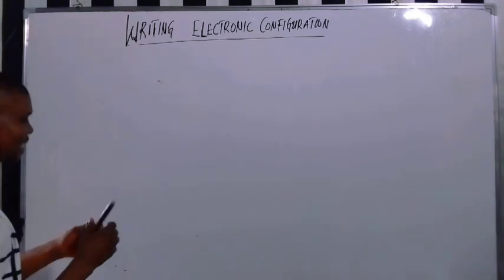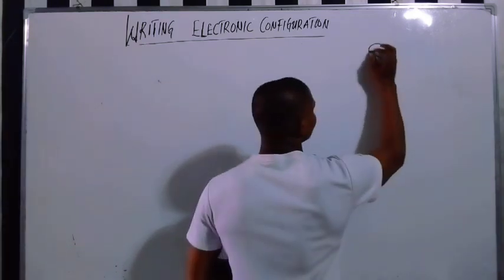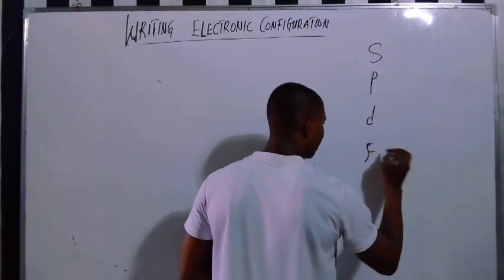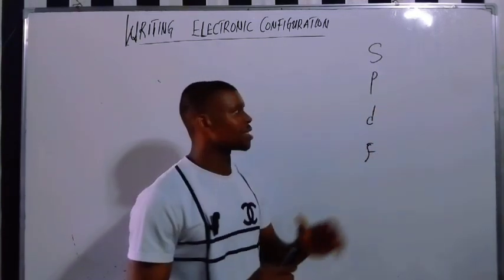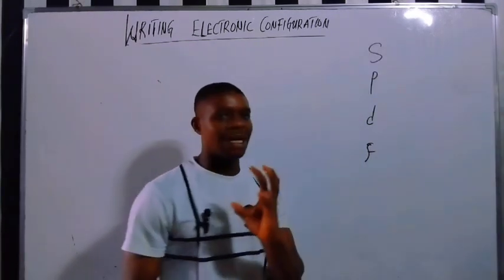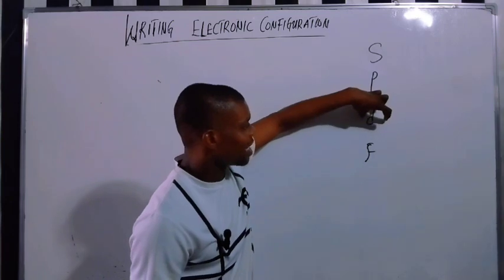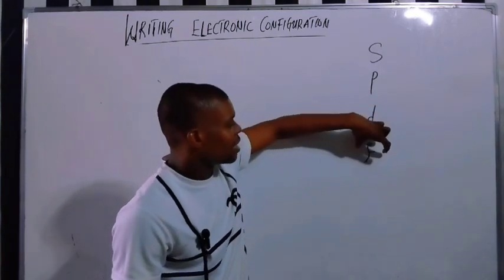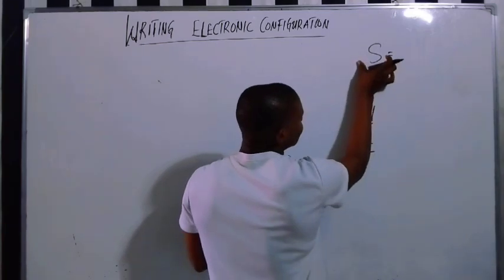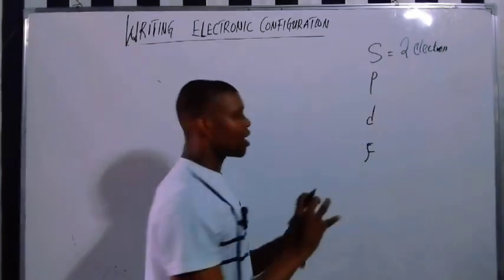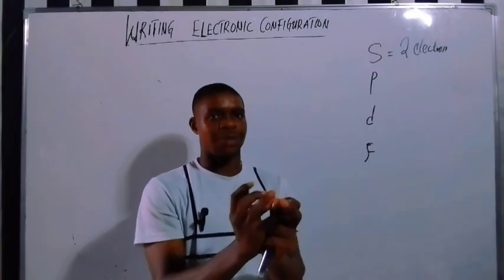So the first thing you want to understand here is the s orbital, the p orbital, the d orbital, and the f orbital. As a chemistry student, you need to understand how many electrons the s orbital can accommodate, how many the p orbital can accommodate, how many the d orbital can accommodate, and how many the f orbital can accommodate. Now, the s orbital can accommodate a maximum of 2 electrons, and it has only one suborbital.